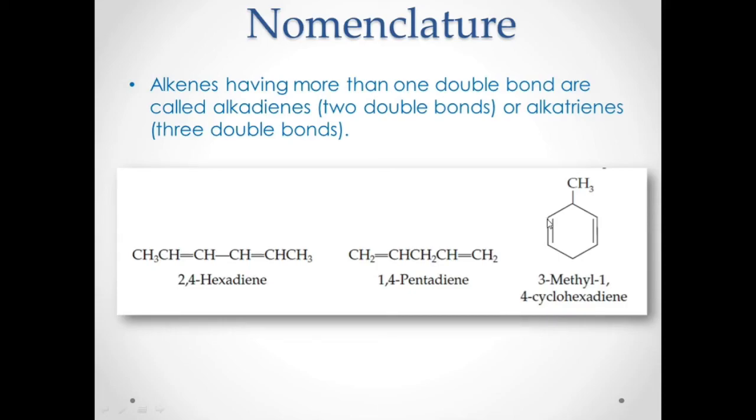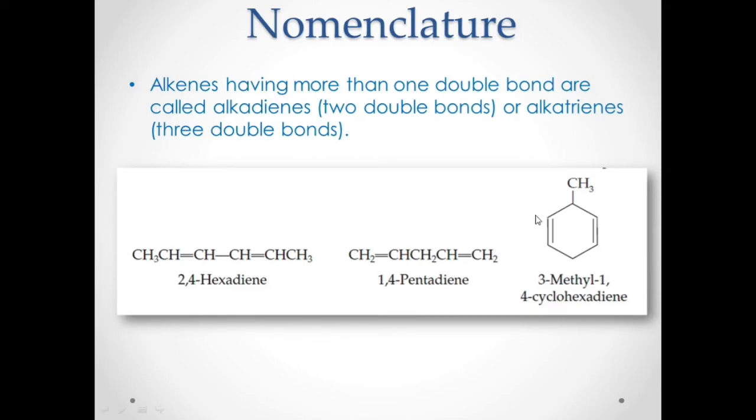However, you cannot number this as 1, 2 because that's not continuous to the double bond. You should pass the carbon to carbon double bond. If you number this as 1, then this becomes number 2, then that becomes number 3. Not this carbon here, that's not number 2, because that is not continuous, or you are not passing the carbon to carbon double bond.